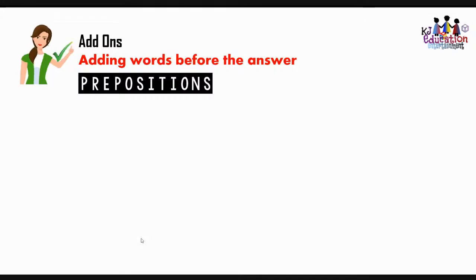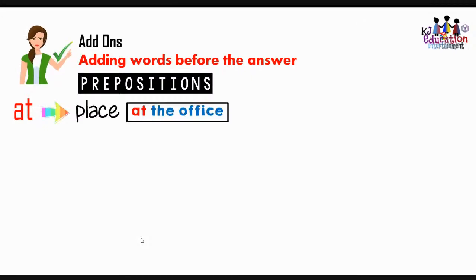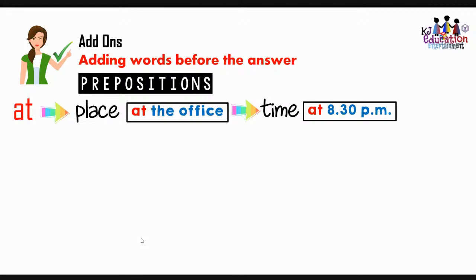So let's have a look. The first one would be at. You use this when it comes to a place, for example, at the office. And for time, at 8:30 p.m. So you use the preposition at for place and time.